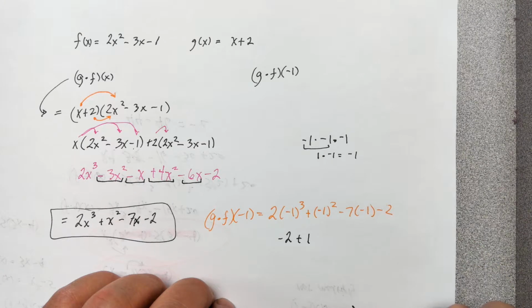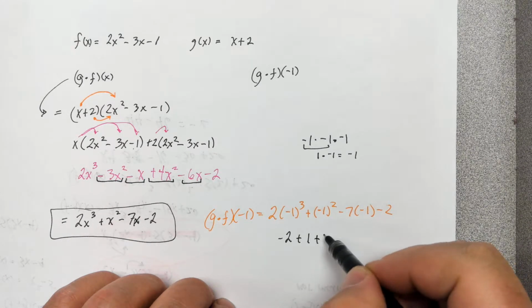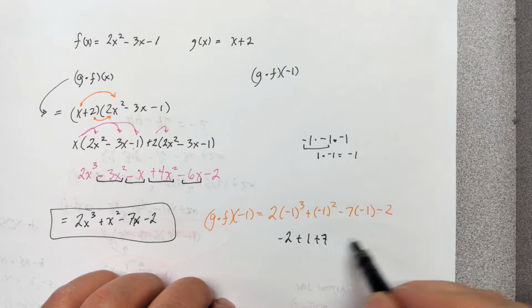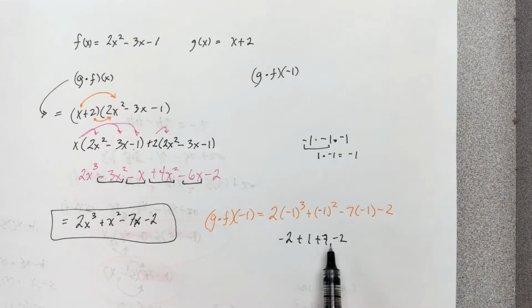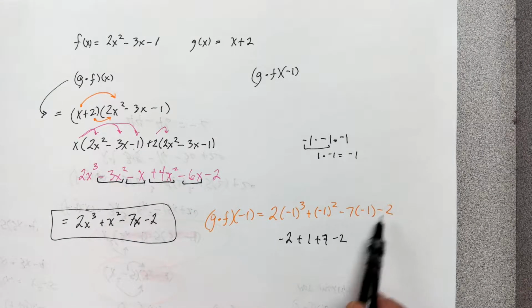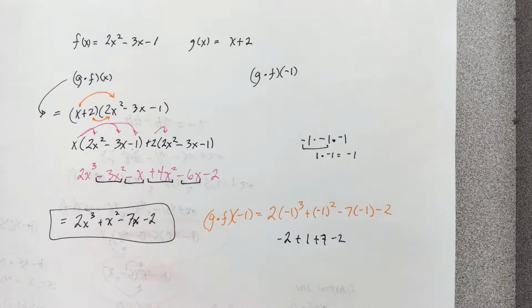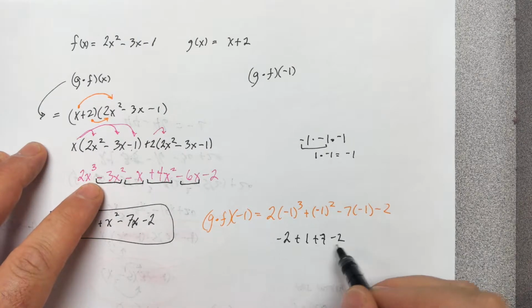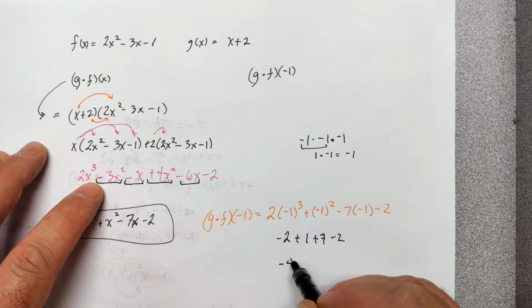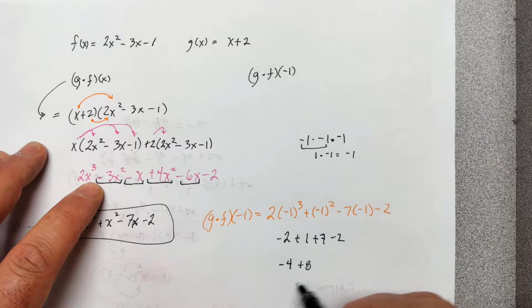Plus 1, plus 7, minus 2. Because -1 squared is 1. -7 times -1 is positive 7 and minus 2. So I'm going to do this one just like I did the other, where I take the negatives, put them together, take the positives, put them together. So I got -2 and -2 is -4 plus 8, and that makes 4.